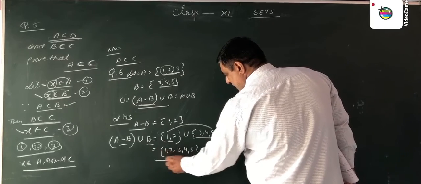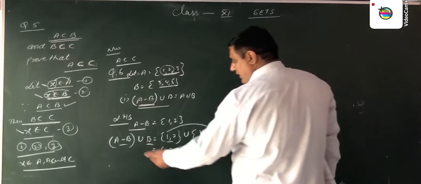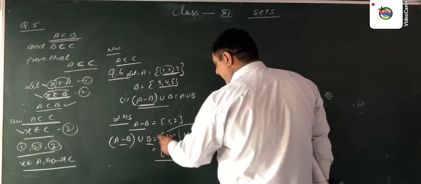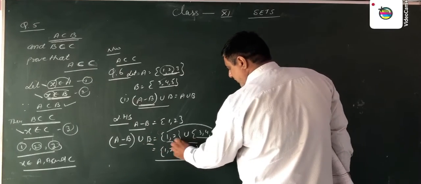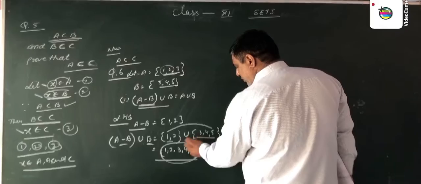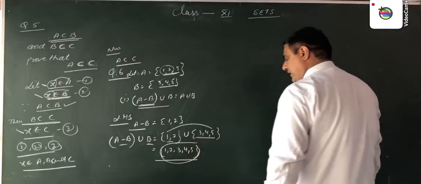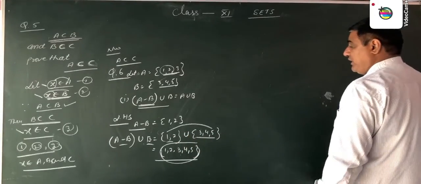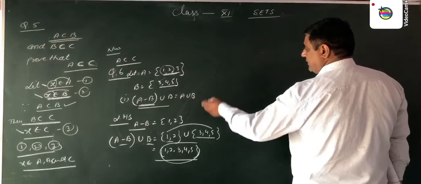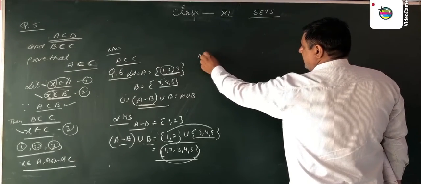Now this is the set of A difference B union B. Now in a union we take common elements of both sets only once, but here there is no common element, so we write all. Now we have taken the left hand side, now we take the right hand side.